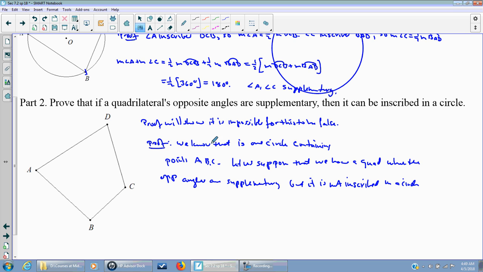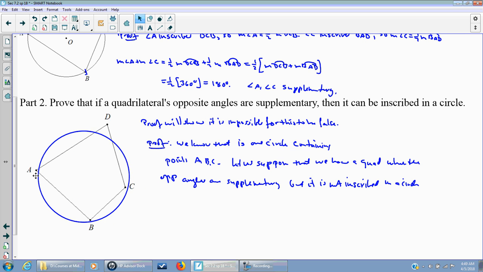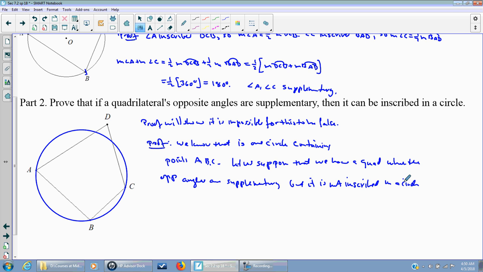What I should have done is put this sentence here. In other words, I can find a circle that goes through points A, B, and C, but this circle doesn't go through D. So there is a circle for A, B, and C, but not D.